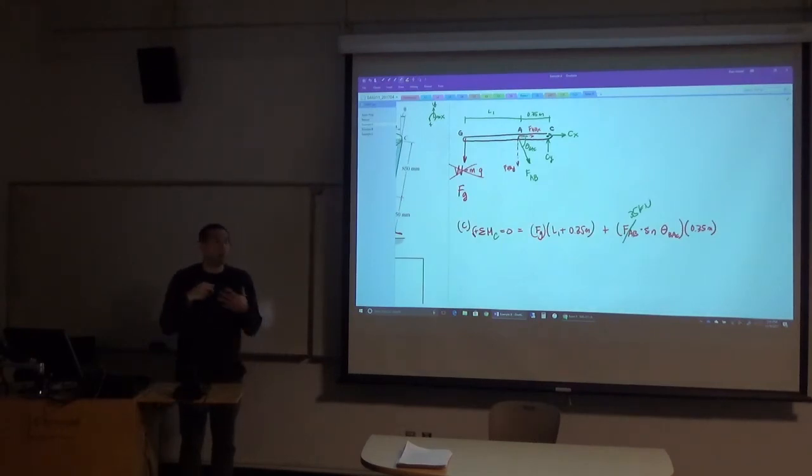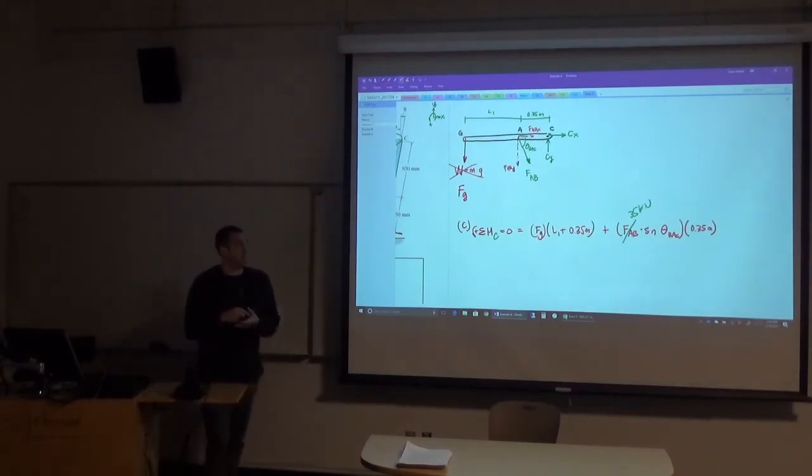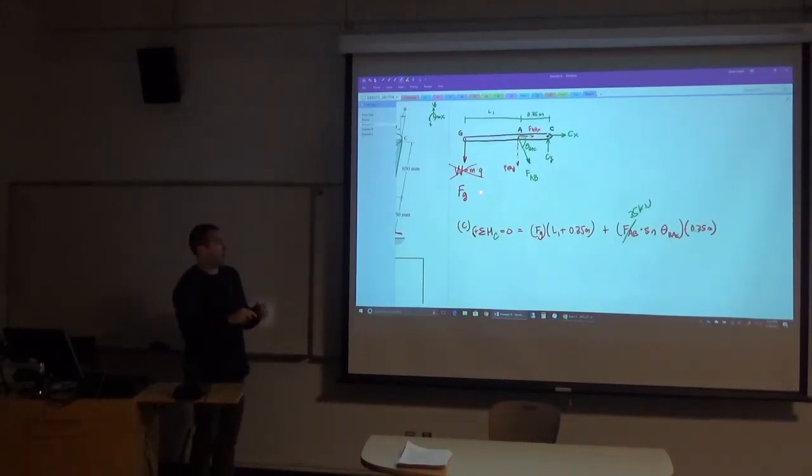So it's not about right or wrong method, it's about which is more efficient to get a single equation for the relationship you want to analyze. Because what were we looking for? We were looking for a relationship between FG and FAB, and this is the most efficient way to do it. It's not the only way, but it's probably the most efficient. So that's part of this process as well.